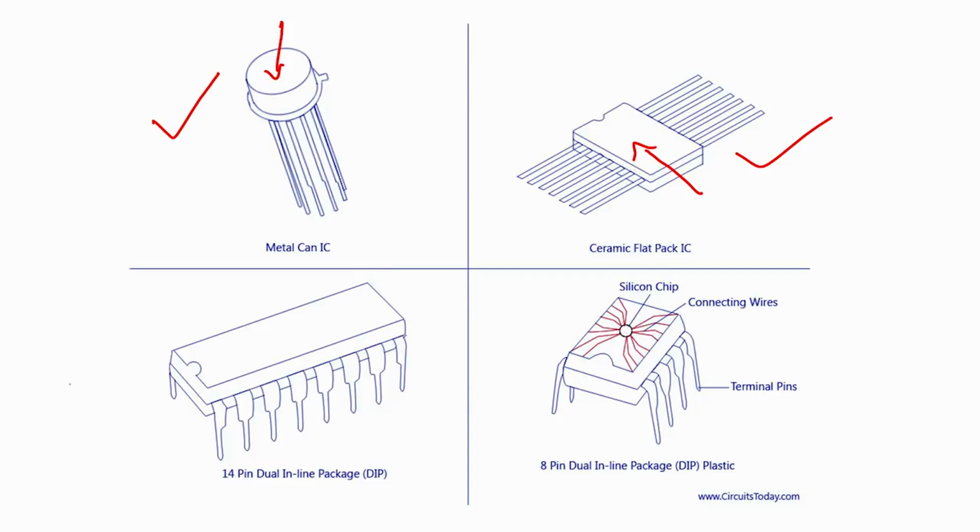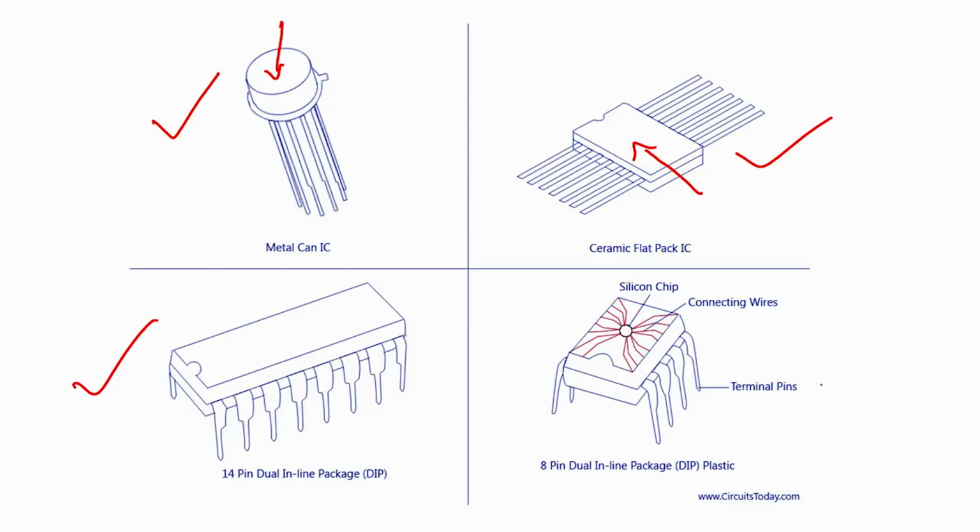Now, the next one is your 14 pin dual inline package, also called DIP. Why 14 pin? Because there are 7 on one side and 7 on the other side. We will see the operational amplifier and then we will see more of how these pins are related to what kind of functionality.